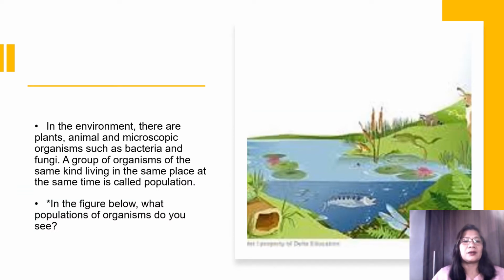Okay, class. In the environment, there are plants and animals and microscopic organisms such as bacteria and fungi. A group of organisms of the same kind living in the same place at the same time, we call them populations.